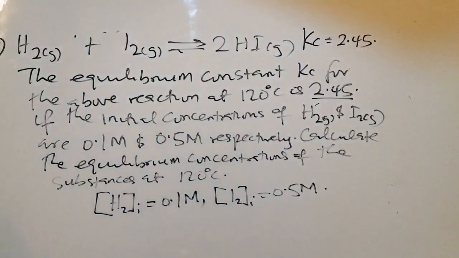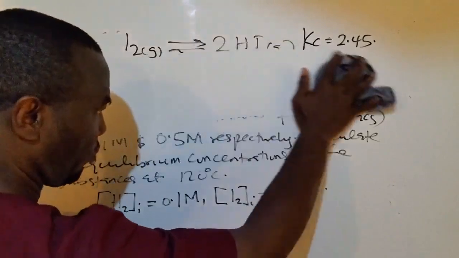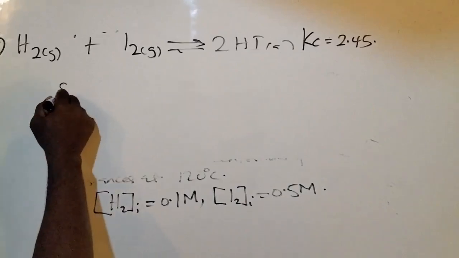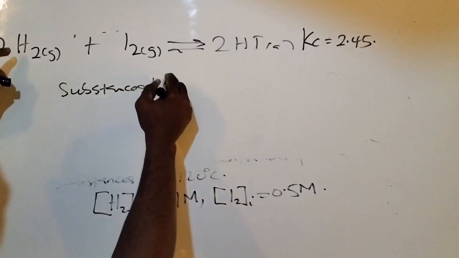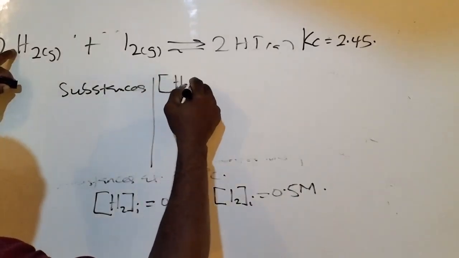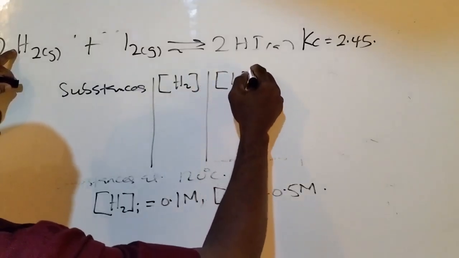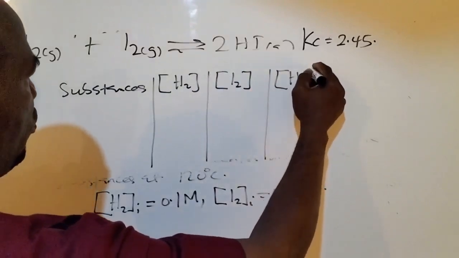So we're going to build our ICE table, and ICE means initial, change, and equilibrium table. So we build our table now. We have the substances. We write the concentration of the reactants first, hydrogen, then that of iodine, and then the product, which is HI.